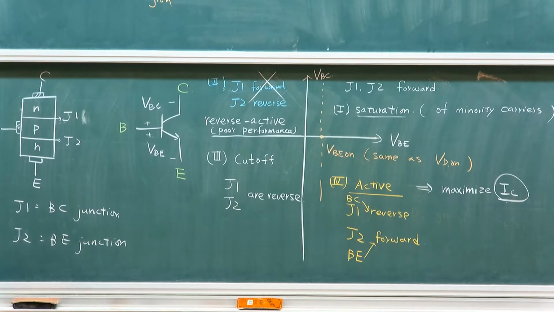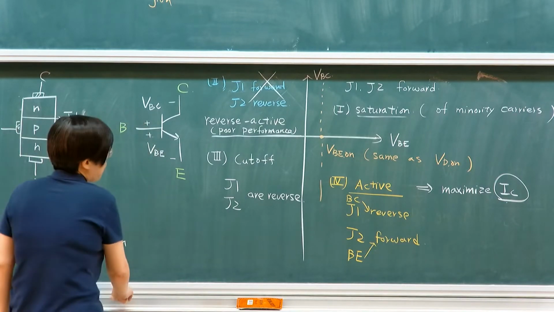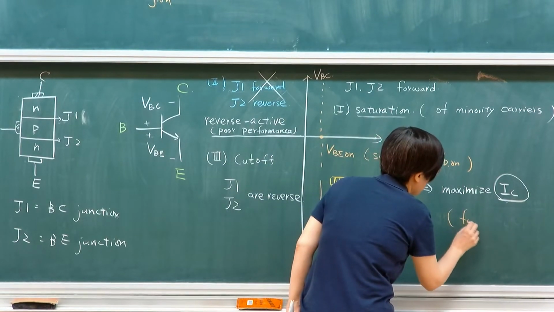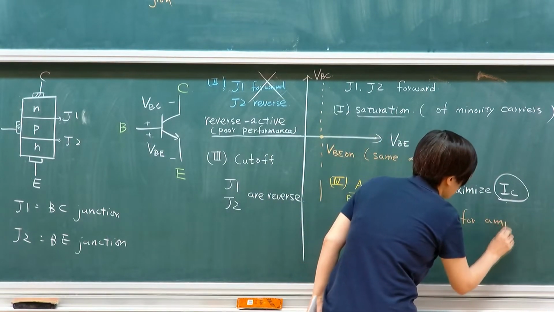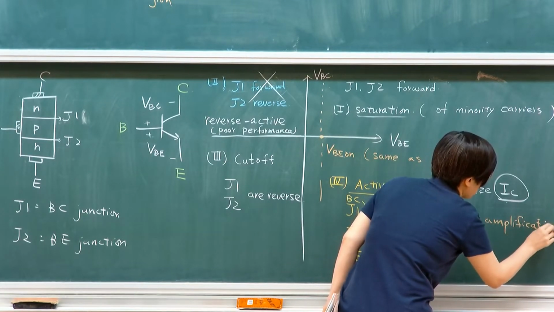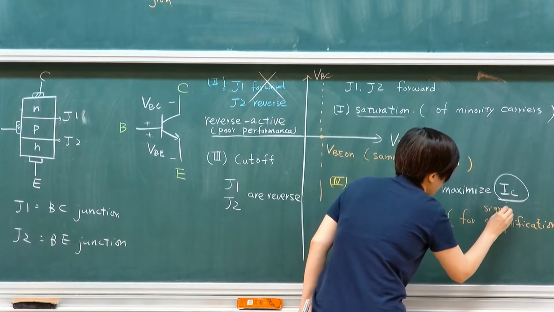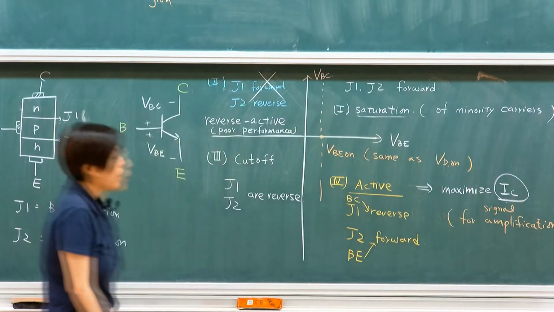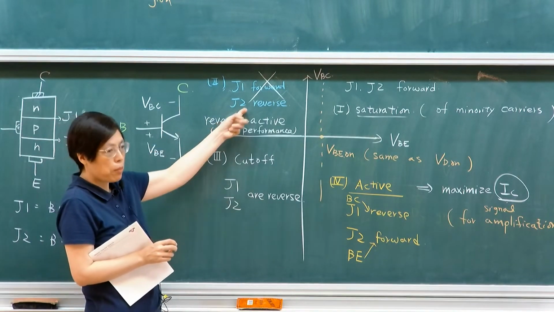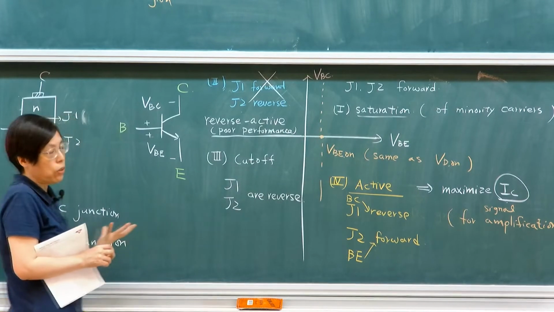So for transistors, let me say it again. If you want to use a BJT for signal amplification, you want your device to operate in active mode. This doesn't exist unless you make the mistake. And this is if you want to make it into a digital circuit.